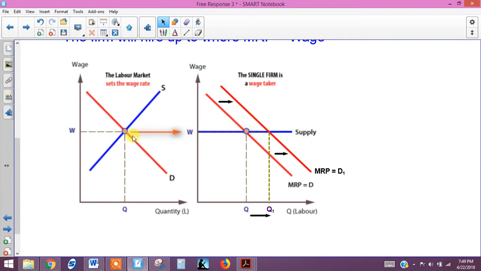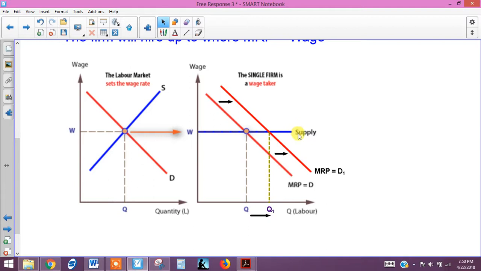The wage doesn't change because in a perfectly competitive labor market, the firm is a wage taker. So the wage is the labor supply curve, which is just a horizontal curve that's constant.